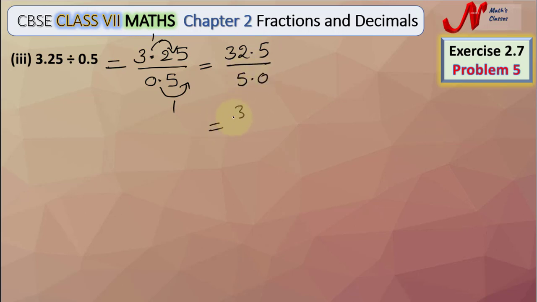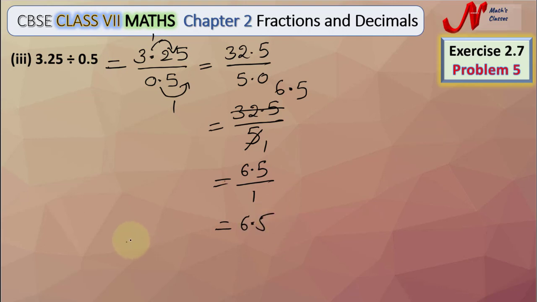So it can be written as 32.5 divided by 5. By cancellation, 5 ones are 5, 5 6s are 30, 0. 5 5s are 25. So we get 6.5 by 1, which can be written as 6.5. Therefore 3.25 divided by 0.5 is equal to 6.5.